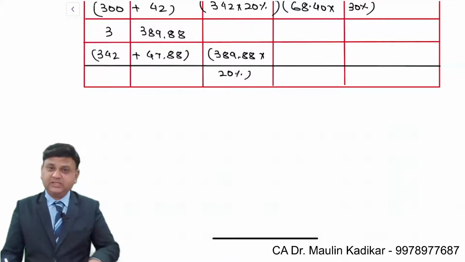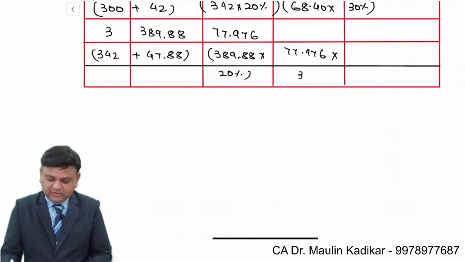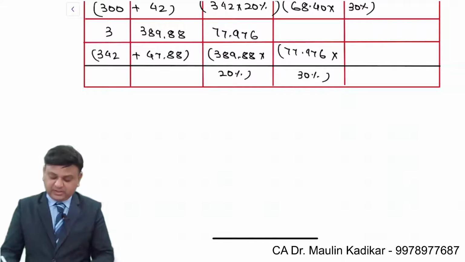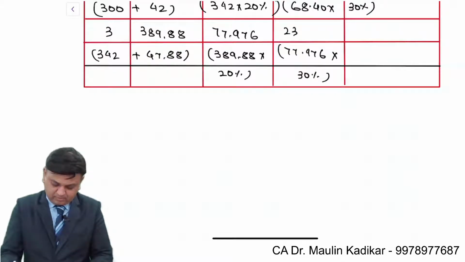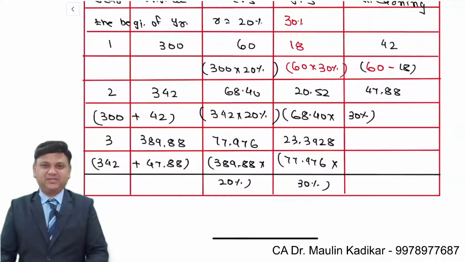That comes to 77.976. And of that, again 30% will be paid in form of dividend. That comes to 23.3928. That is the way we are required to make the calculation of answer.